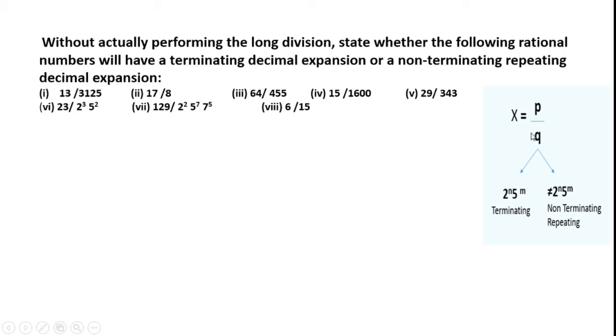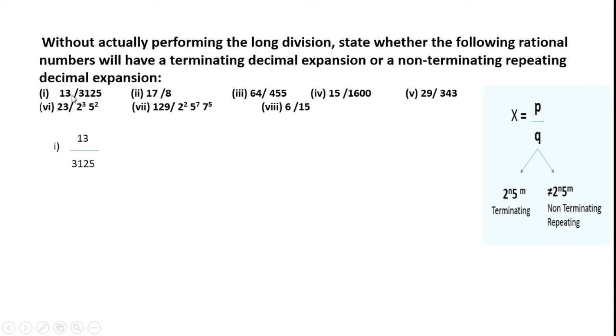If the prime factors of the denominator are of the form 2 to the power n, 5 to the power m, it is a terminating decimal. If the prime factors of the denominator are not in the form of 2 to the power n, 5 to the power m, it is non-terminating repeating.